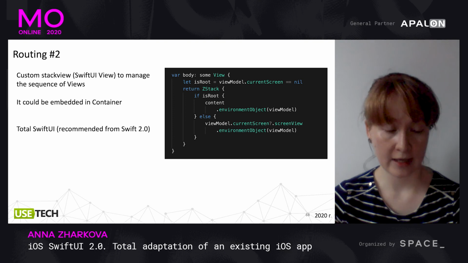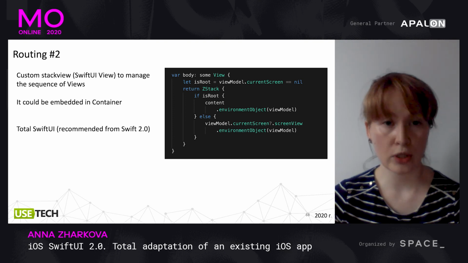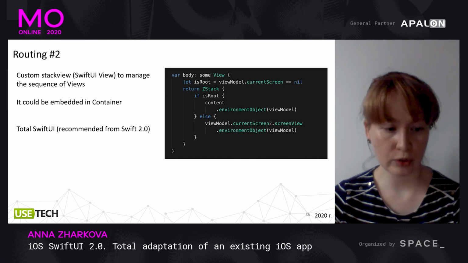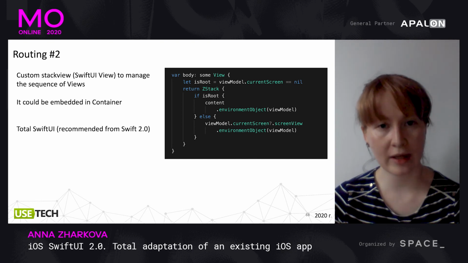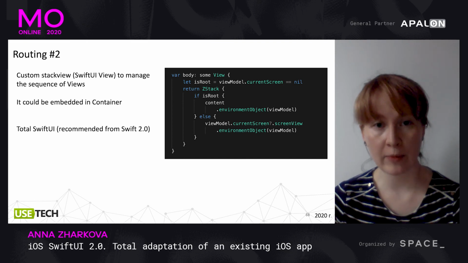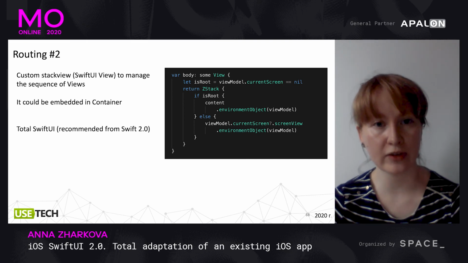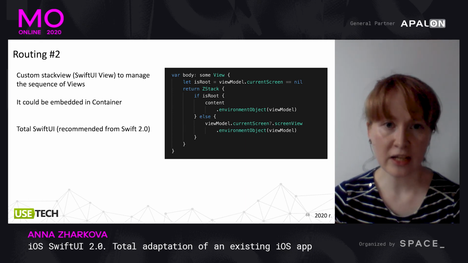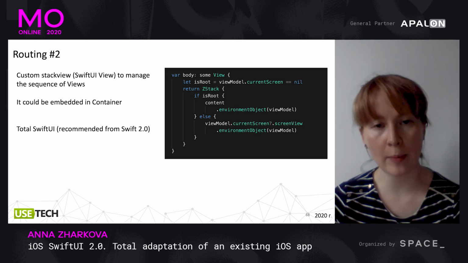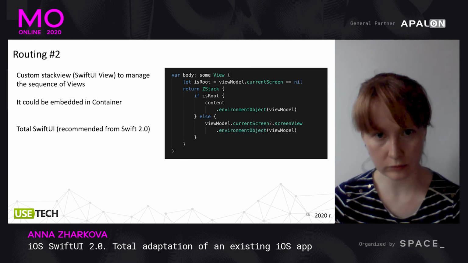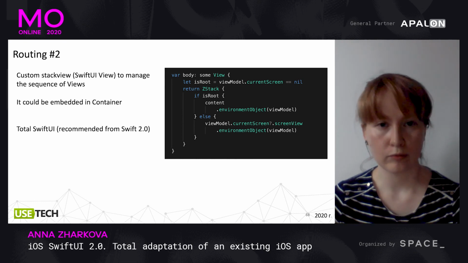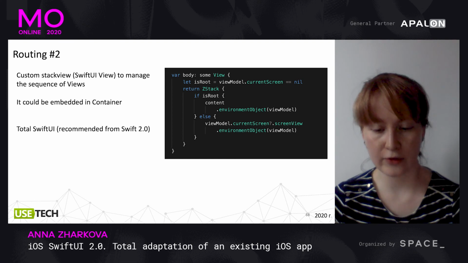And the second way, we could use only SwiftUI logic, no UIKit, and create a custom stack view to manage the sequence of our views. For example, we will have a container navigation view, and in this view we will put all our views, not at the same time, but depending on the property of the view model of this container view.